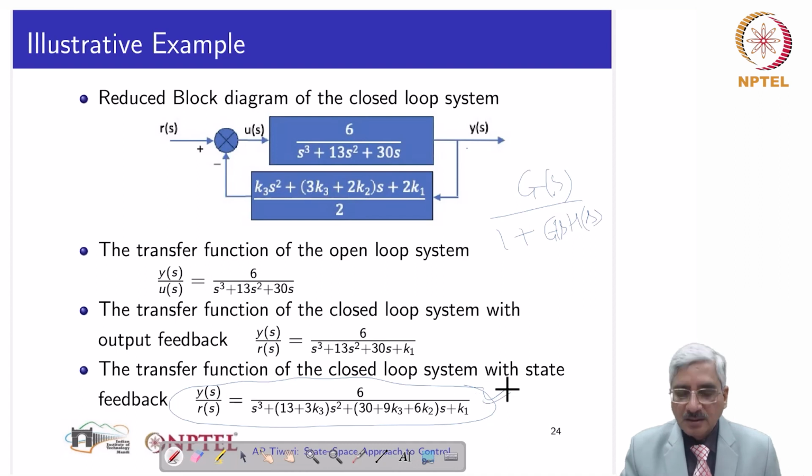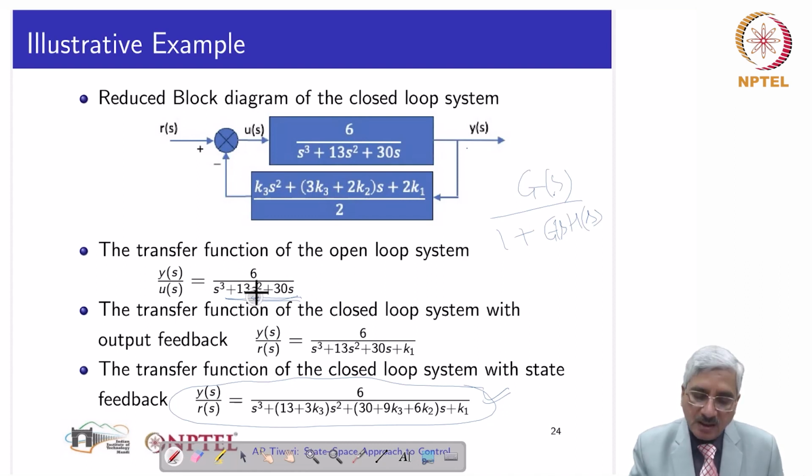And what we see, compared to the open loop transfer function of the system, which is the transfer function if feedback was not introduced, is that the coefficient of s square here is 13, here it is 13 plus 3k3. The coefficient of s is 30, here it is 30 plus 9k3 plus 6k2.